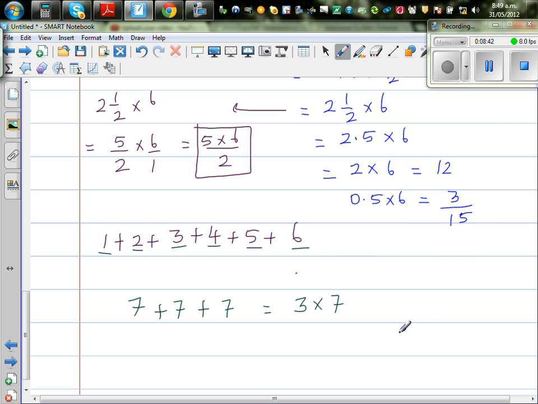Okay, there are 3 lots of 7, which is 21.